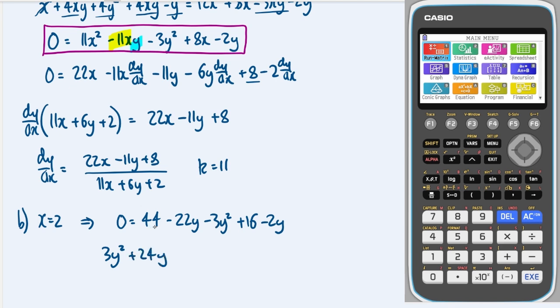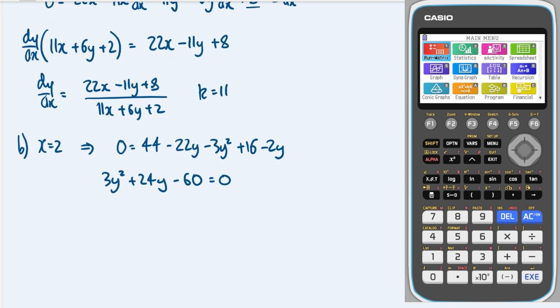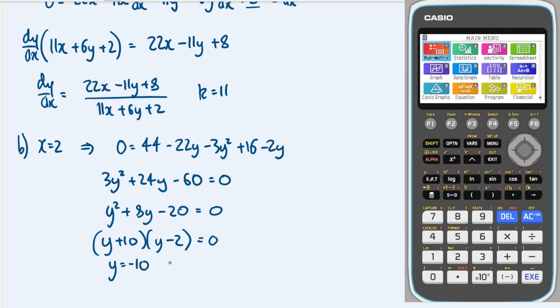And then we've got 44 plus 16, which is 60. So let's move that over to give minus 60 equals 0. Let's divide by 3 to get y squared plus 8y minus 20 equals 0. And this will be (y plus 10)(y minus 2), which gives me y equals minus 10 and y equals 2.